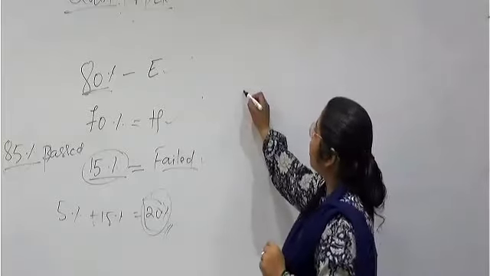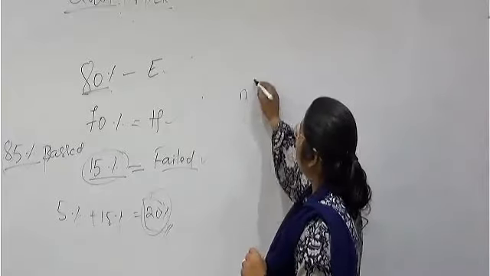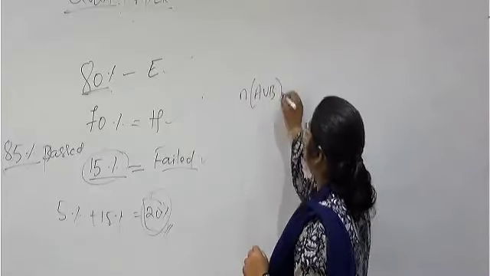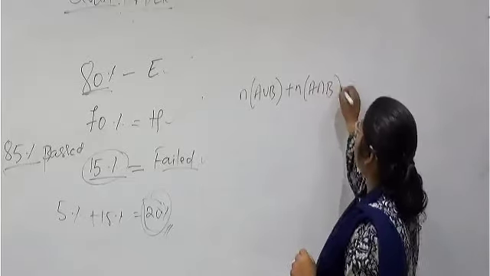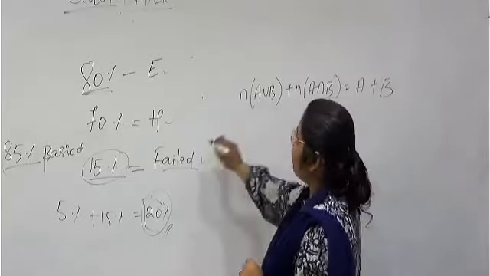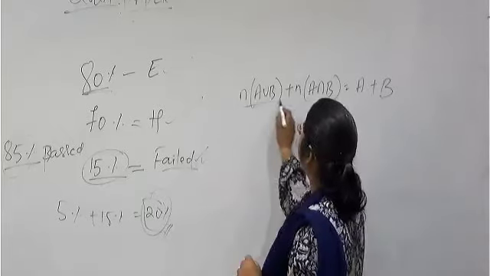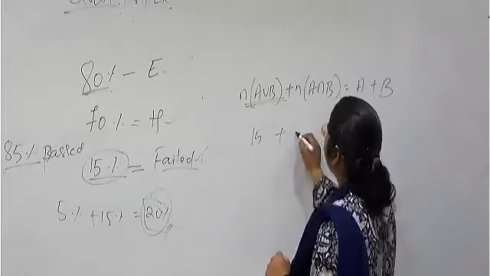Or else you know that formula, no? U plus N of A intersection B is equal to A plus B. This is failed in both the subjects, no? So if this value is given, what is that? 15. This you don't know.